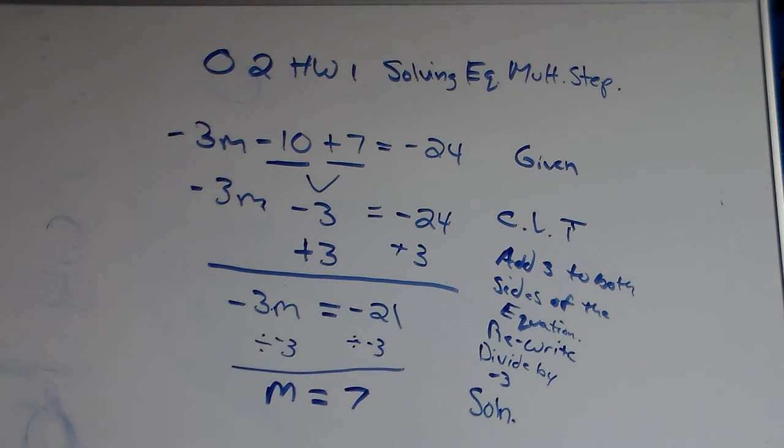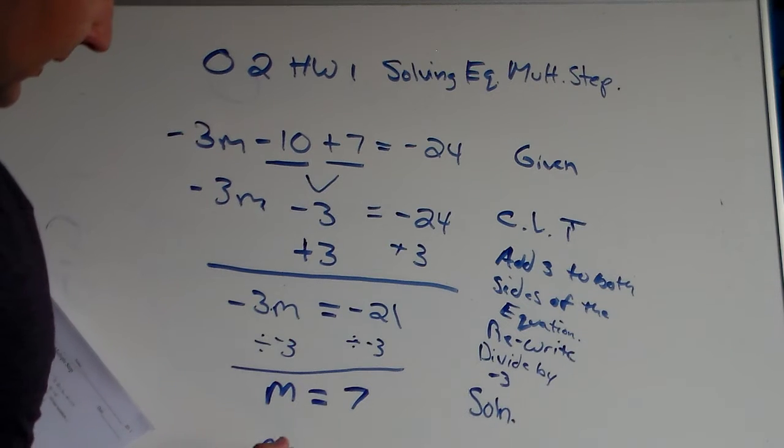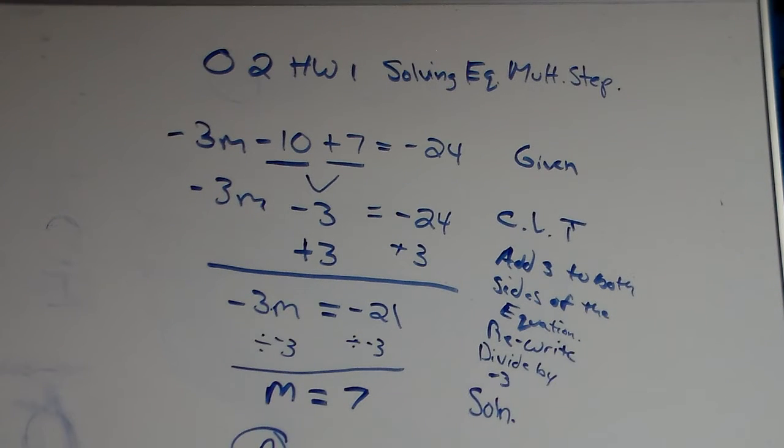Because a negative divided by a negative gets you a positive. And that's problem number 1. When we look at our answer choices, it's A, 7. So the answer to number 1, the letter is A. Next up, we'll look at problem number 2.